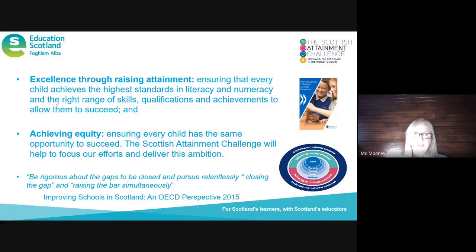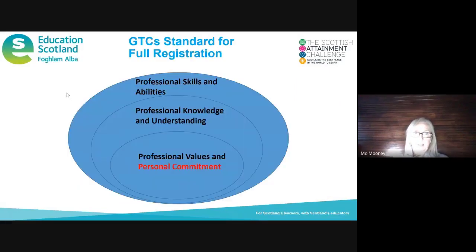It's at the heart of Scotland's education policy, and it forms the foundation of our curriculum. It's also embedded, and you'll know this well, in the GTC standard for registration. We've all got registration. Some are returning teachers with full registration, some NQTs will be looking to gain full registration at the end of your NQT year.